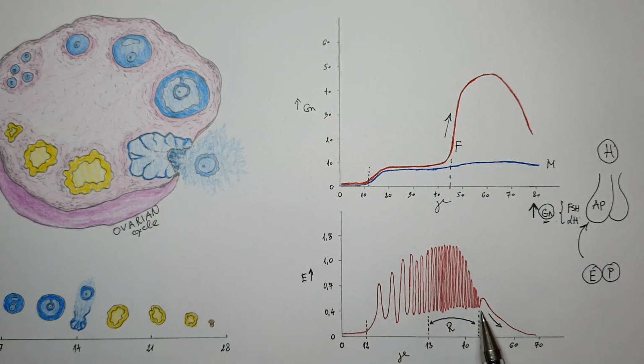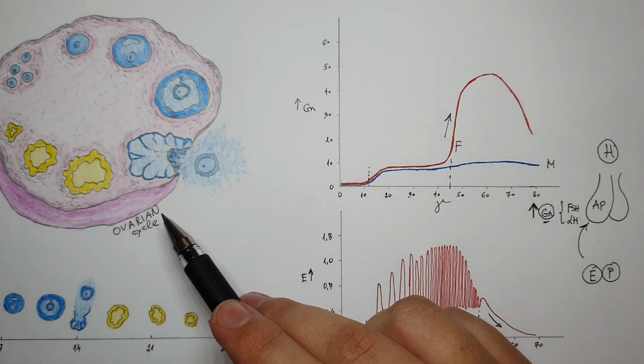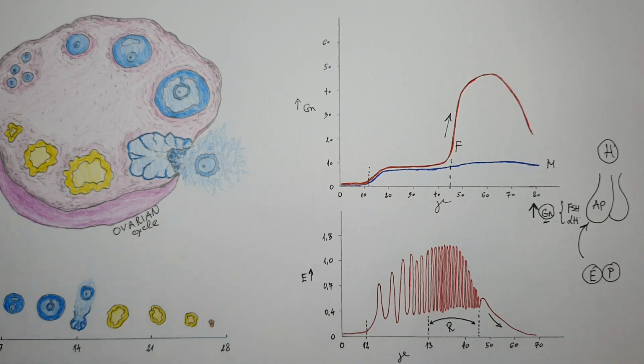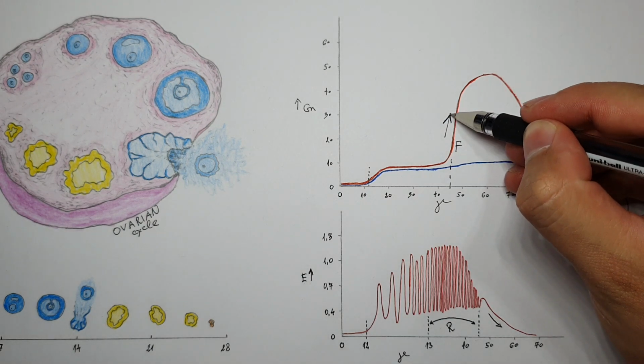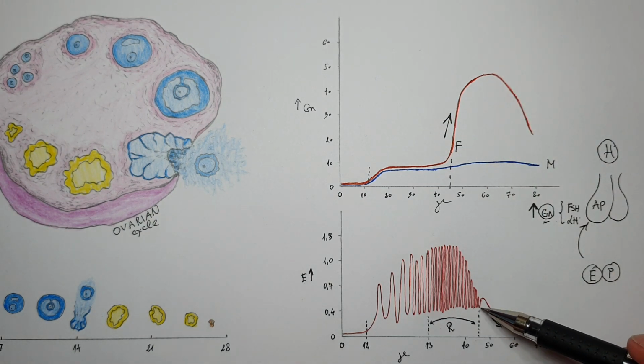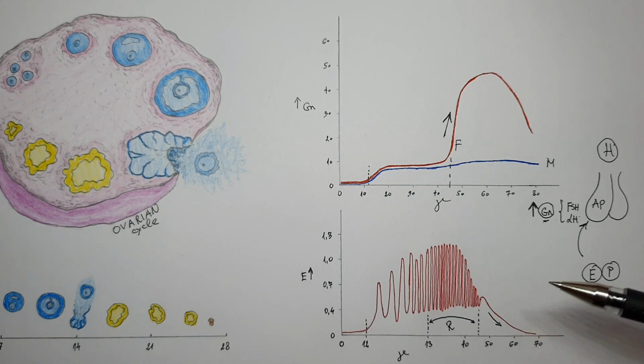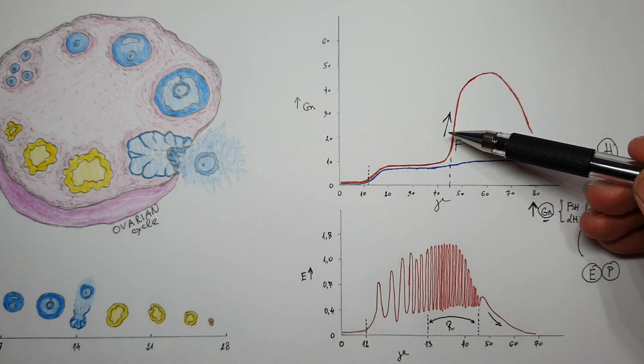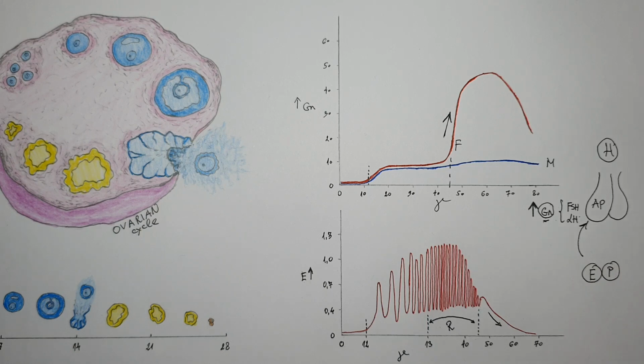When menopause sets in, ovaries can no longer produce these hormones. They are spent biologically, and because of that, the gonadotropins think there are no more estrogens and progesterone. I should be more active, if I can say that, and they are produced in a higher amount for some decades, and then they also start to fall because of biological involution.